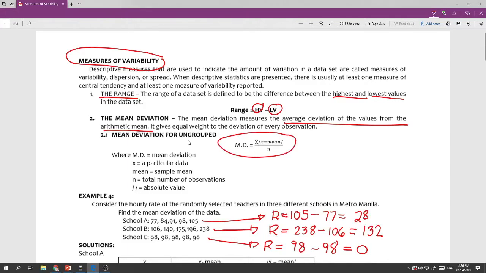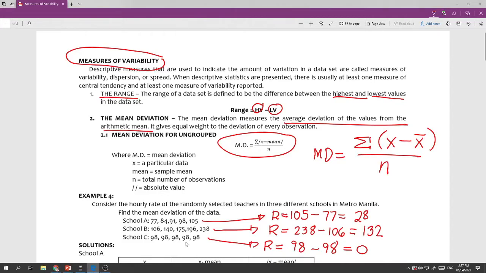The mean deviation is equal to the summation of the absolute value of X, this is a sample score, minus the mean, all over n, the total number of observations.